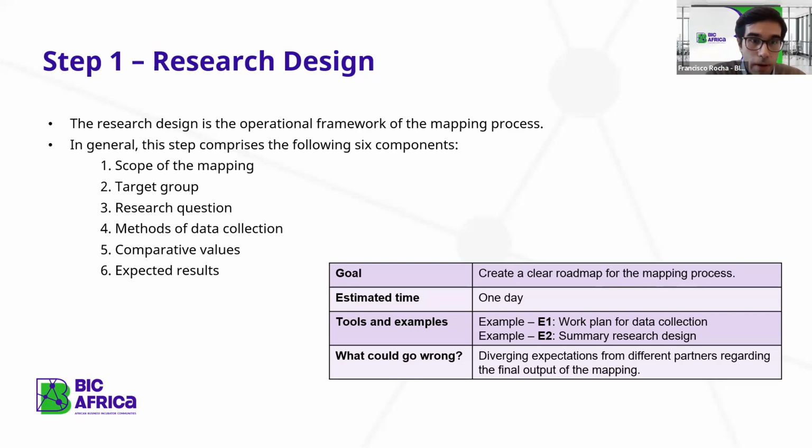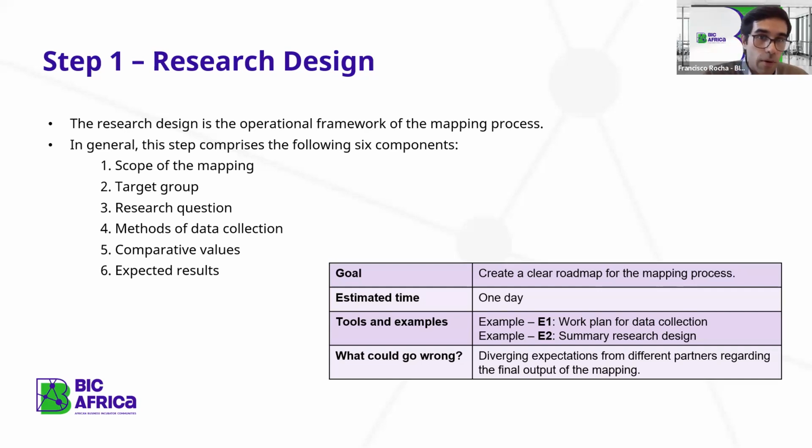How are we going to compare the results, and what are the expected results that we'll take from this mapping? Okay, I will show you, but just before that, I will show you some examples of what information we can include within each of these components.